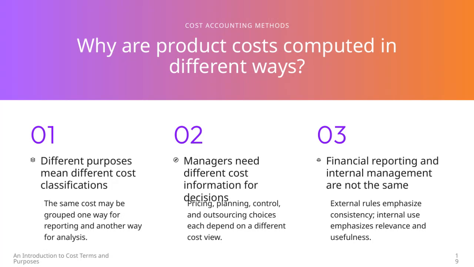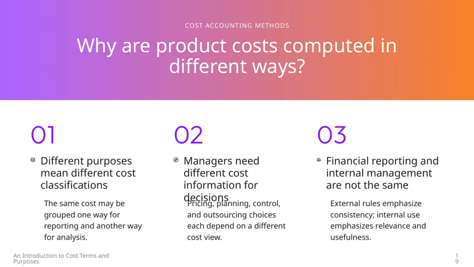When we talk about cost accounting methods, it's important to understand why product costs are computed in different ways. First, different purposes require different cost classifications. For example, the same cost might be categorized one way for financial reporting and another way for internal analysis. This helps meet varying needs depending on the context. Second, managers need different types of cost information to make informed decisions.